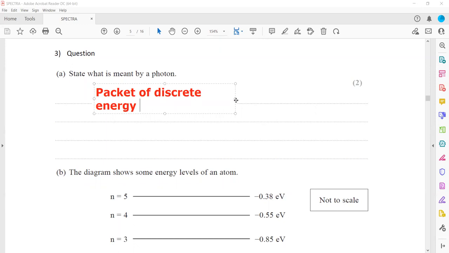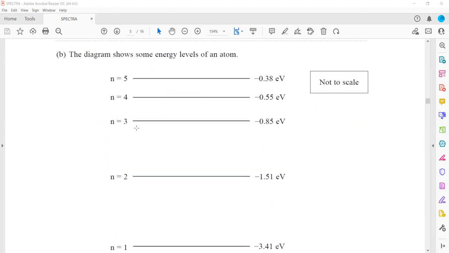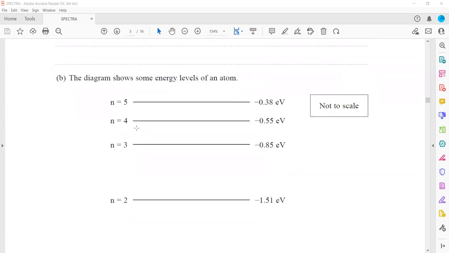So 1 mark is for mentioning packet, 1 mark is for mentioning discrete or quantized energy. You will get the 2 marks. If only packet you will write, you will lose both of the marks.